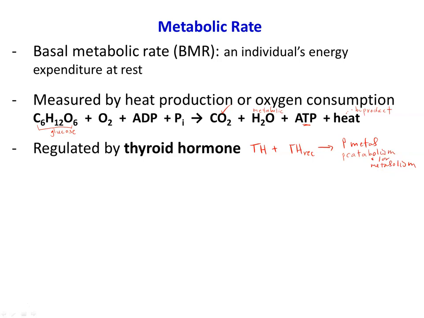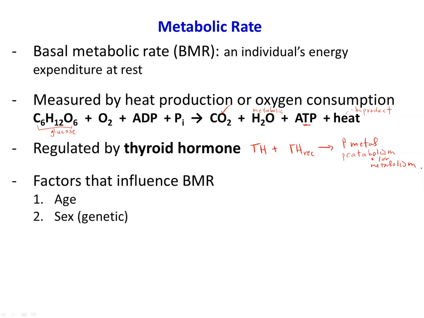So here are factors that influence your basal metabolic rate. Age. The younger you are, the more energy you use because you're growing, right? Genetic sex, okay? Genetic males have higher basal metabolic rate because generally speaking, they tend to have more muscle mass. More muscle mass means that you utilize more energy to run that muscle, okay?